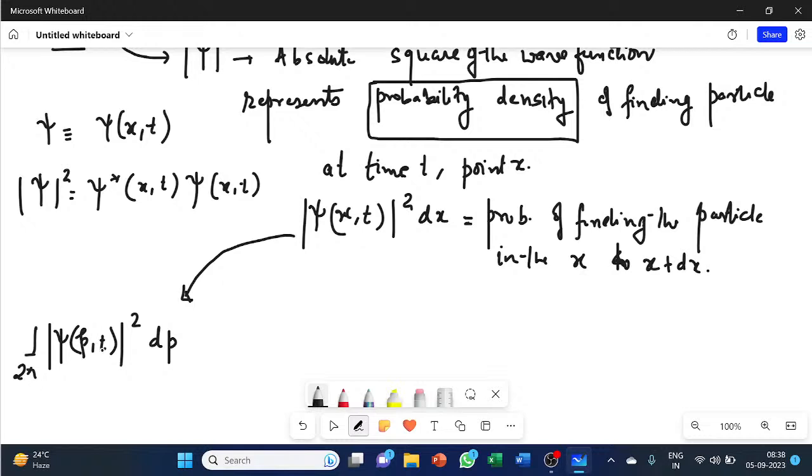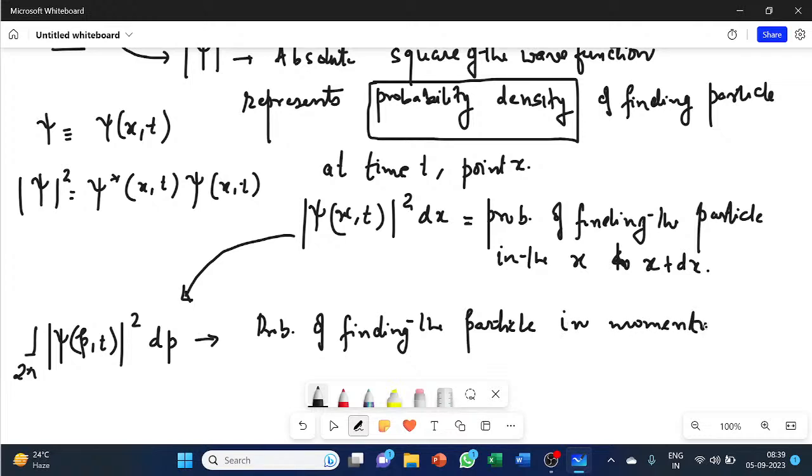So mod psi of p comma t whole square dp represents the probability of finding the particle in the momentum interval of p to p plus dp.